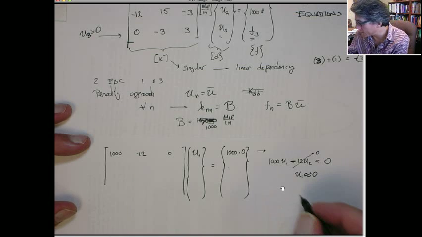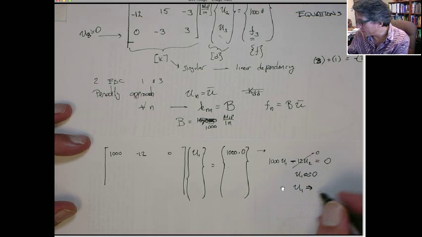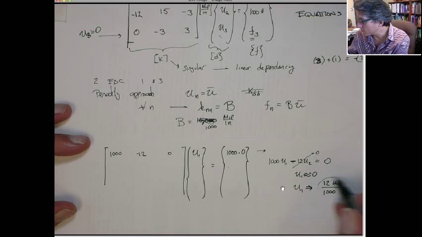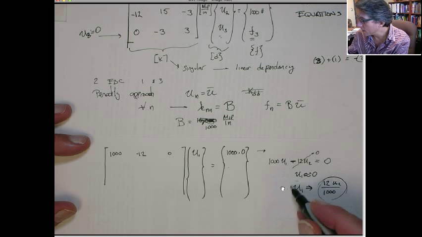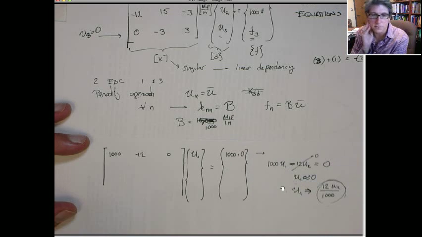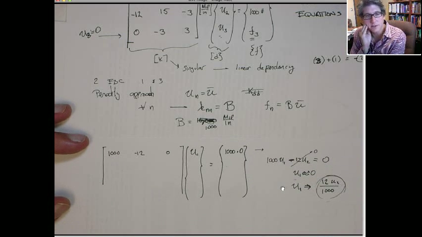Another way you can look at it is that u1 is going to come out to be 12u2 over 1,000. But this means u1 is going to be 2 orders of magnitude smaller than u2. It's basically going to be close to 0.